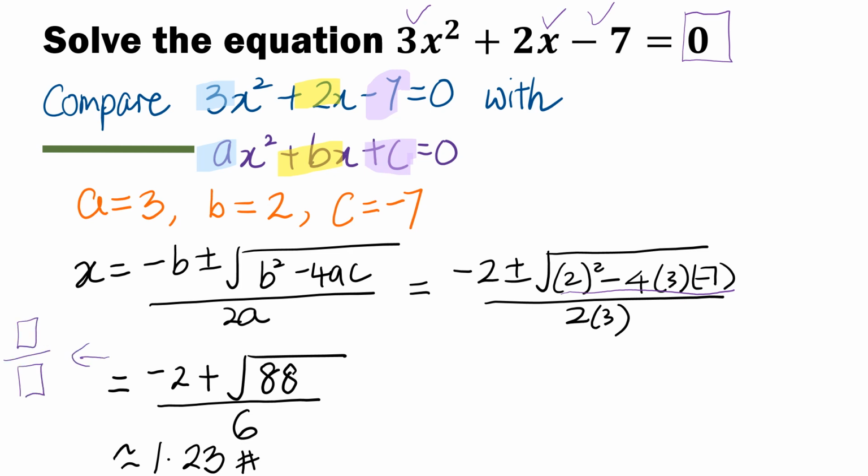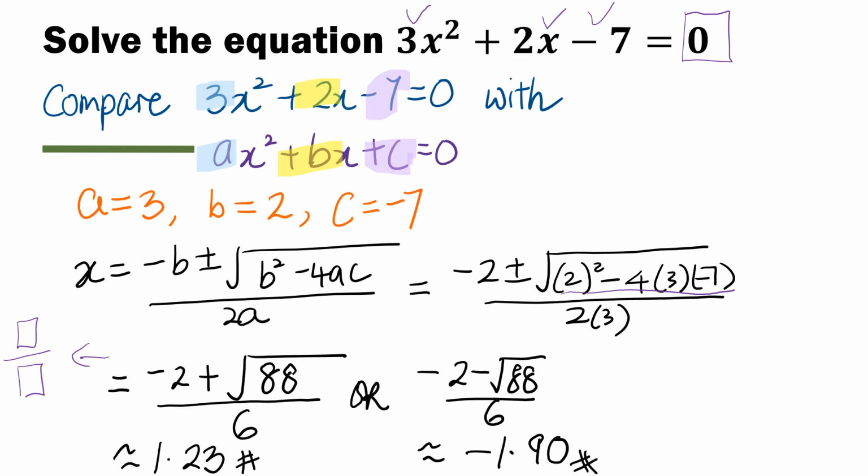Then you can have two answers. Remember, it's a quadratic equation, so it can be positive or negative: negative 2 minus square root 88 over 6. Use a calculator and you should get negative 1.90, expressed to 3 significant figures. So far okay? Let's go on.